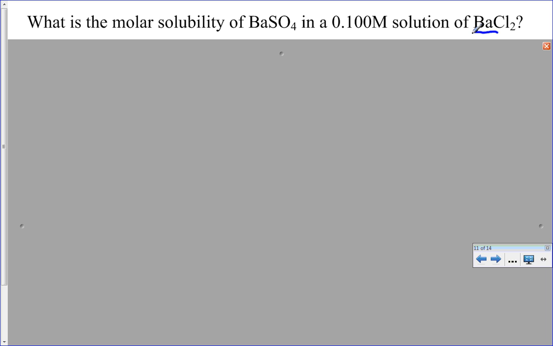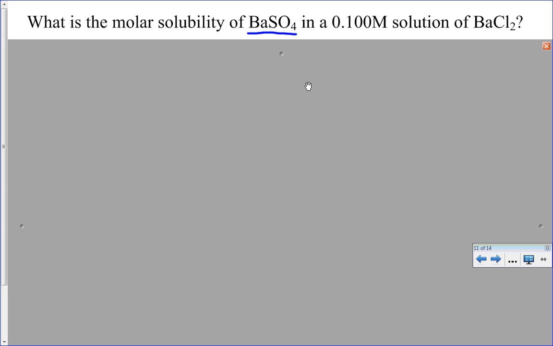Matter of fact, it's going to produce one barium ion for every one barium chloride, so there's going to be a concentration of 0.100 molar barium ions before the barium sulfate has a chance to split up and reach equilibrium.